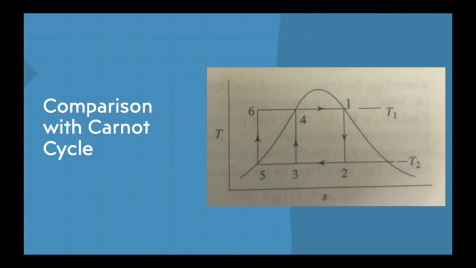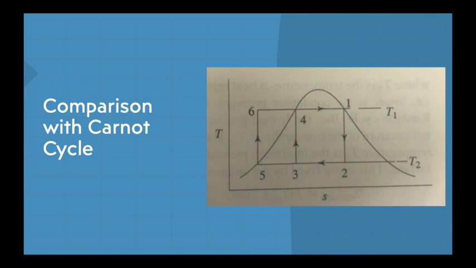Now, I would like to compare in the next slide the Rankine cycle with the Carnot cycle. The Rankine cycle has some efficiency, and a cycle's main aim is to achieve the best possible efficiency. And for any reversible cycle, the best possible efficiency keeping the same parameters is the Carnot cycle.